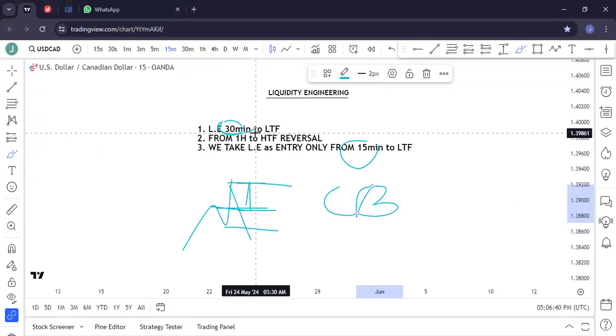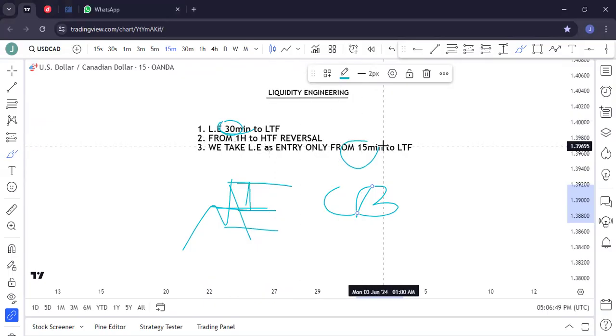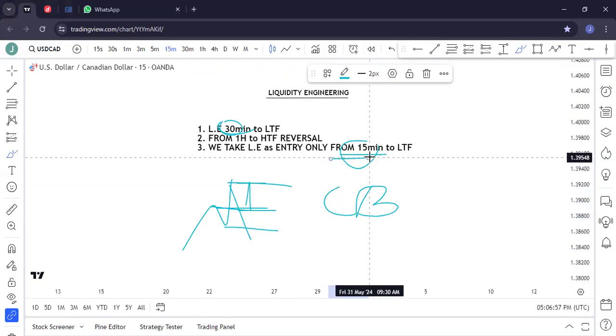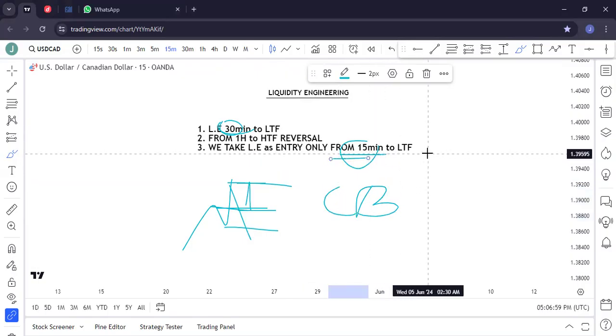This point also, we are going to explain more in the time frame coordination. So you just keep it in mind.